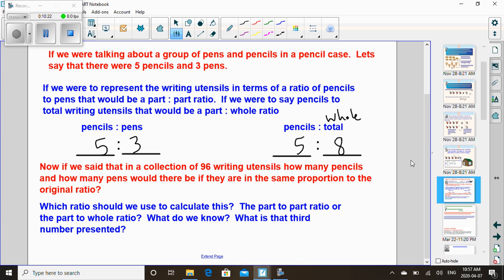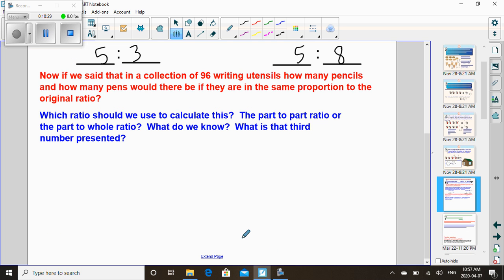This is where it gets kind of tricky, or not tricky, but requiring you to think a little bit more, right? What happens to the 96? What does 96 represent? Pens, pencils, or total? Okay, so which ratio should we use to calculate this? The part to part ratio or the part to whole ratio?